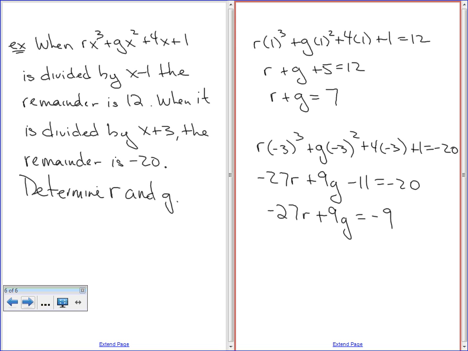So now I get a second equation. You can now divide everything in the second equation by 9 because it's all divisible by 9, and it has an equal sign. That's why you don't have to factor. You can divide. So if I divide everything by 9, I get that.